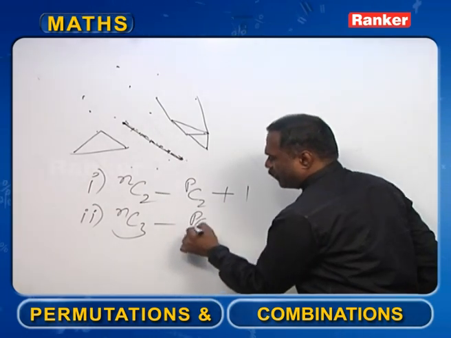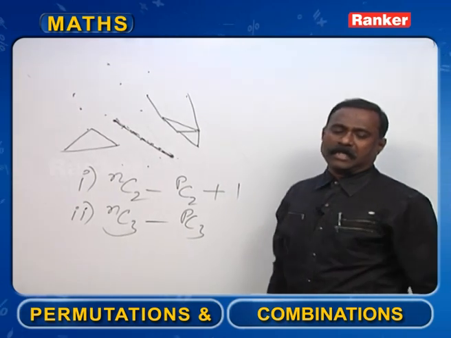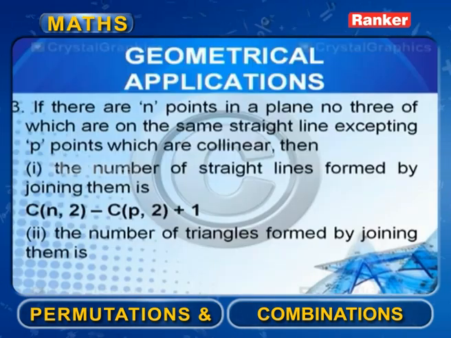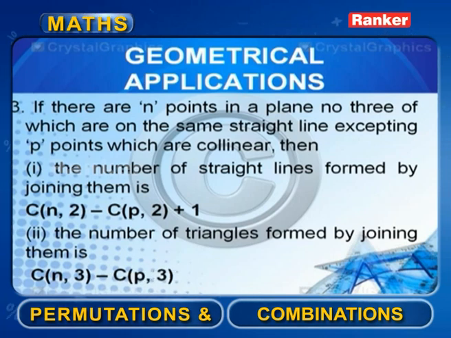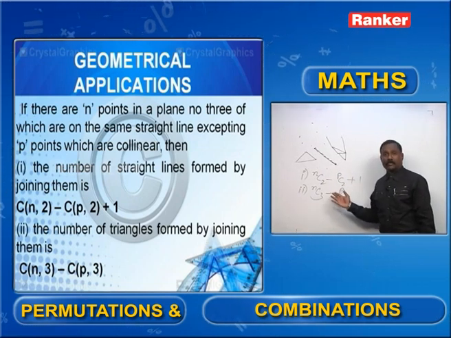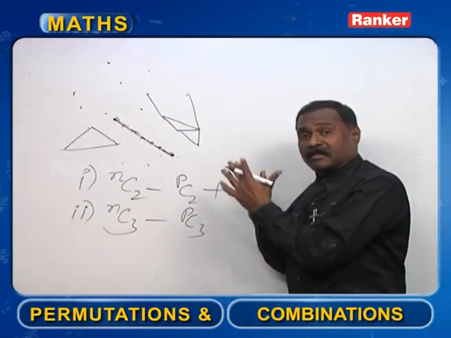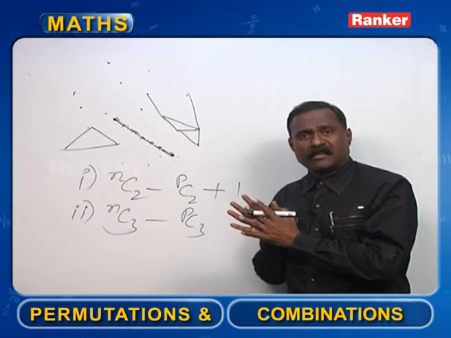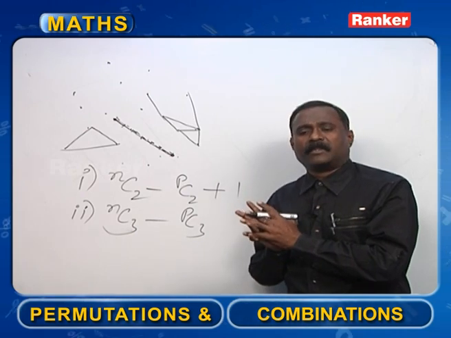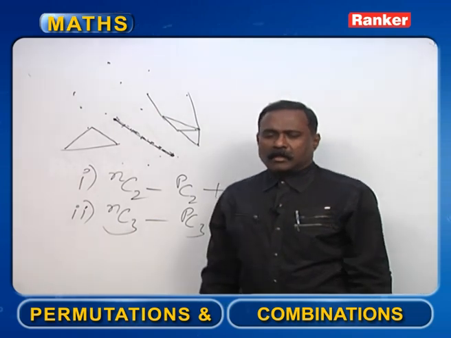So minus PC3. So you can see that. Now the number of triangles formed by joining them is NC3 minus PC3. So understand, this is also a geometrical application of combinations. Like this, you just think of applying the combinations for the geometrical applications. Let us work out a few more problems on that one. Go to the next slide.